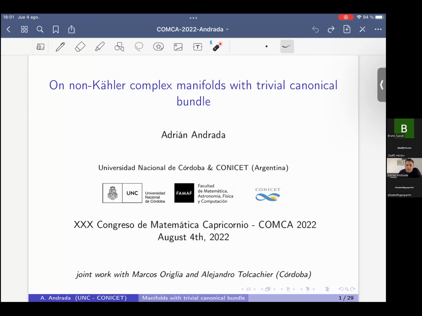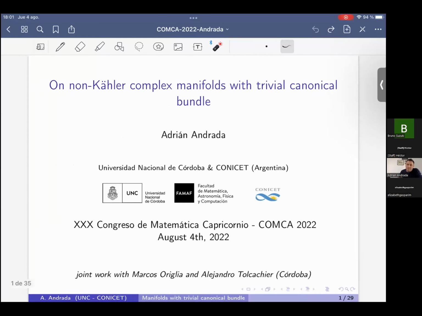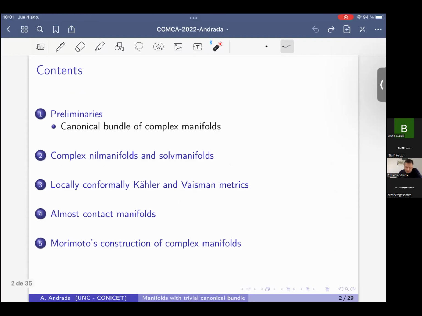This talk will talk about some complex manifolds which will not be Kähler, but which have trivial canonical bundle, because these have attracted a lot of interest lately in the complex geometry world. So I review briefly the contents.